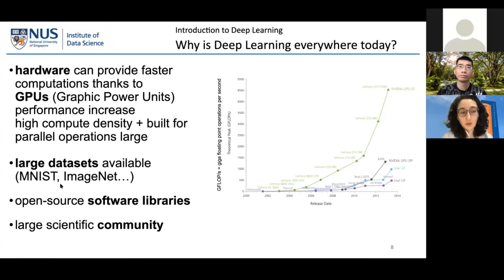So this is publicly available now. You also have open source software libraries, mainly built in Python, with good documentation, that make it easier for a researcher or even for industries to implement some models. And you have a large scientific community now with a strong expertise that contributes to deep learning model deployment.